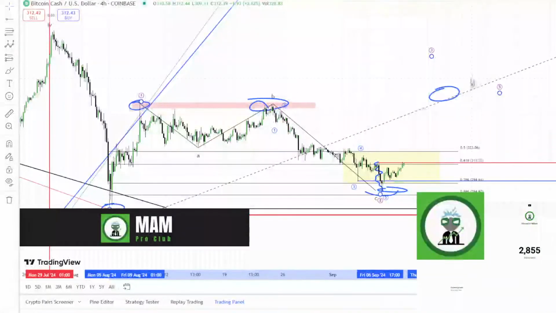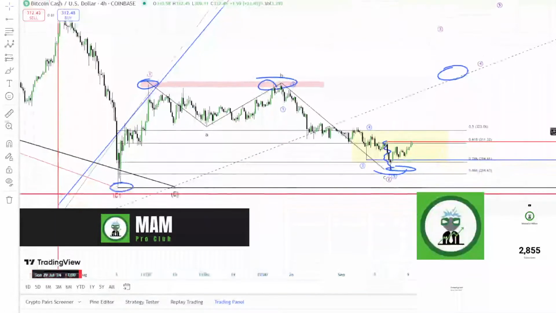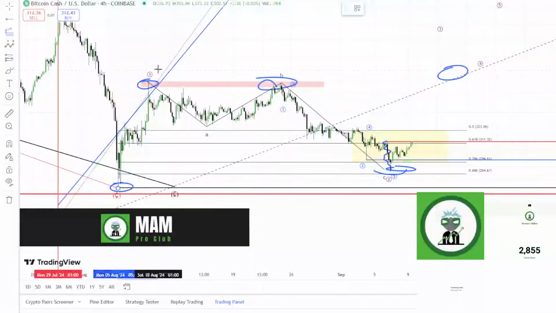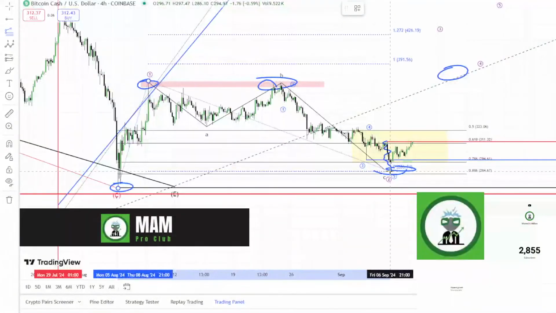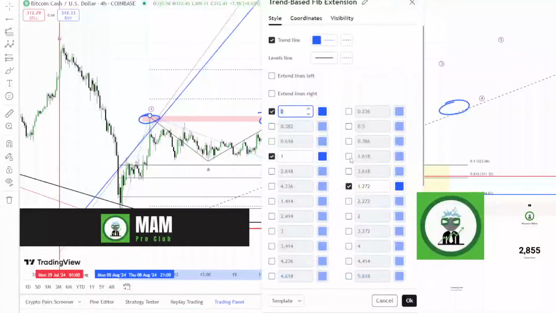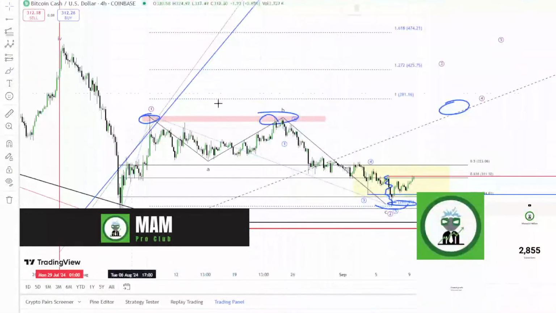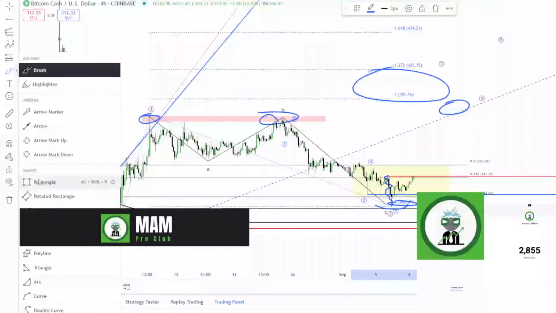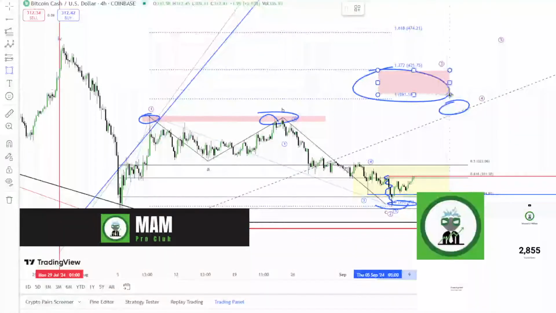I am expecting a wave 3 to start. So let's just have a little look about where we can expect wave 3 to go to, if this is a wave 3. Usually you would expect it to at least get here. Okay, so the 1.27 to the 1.00, so 391 to 425.